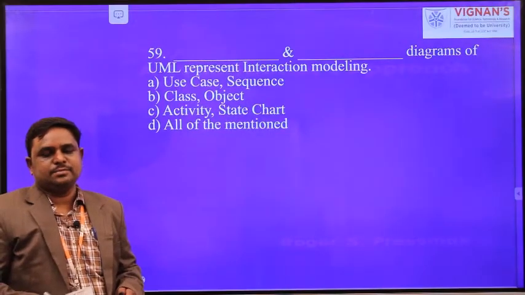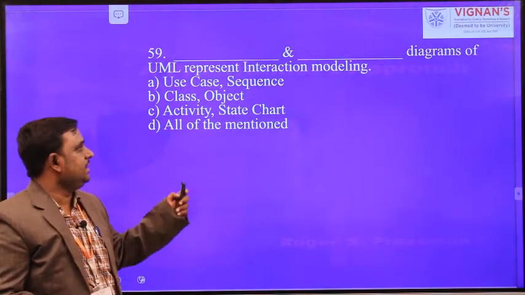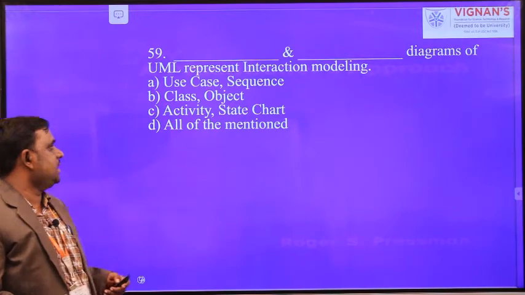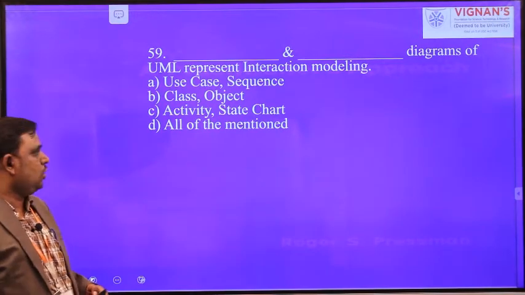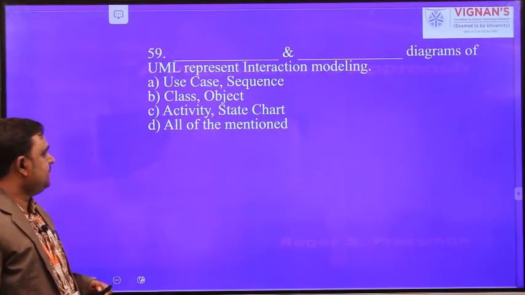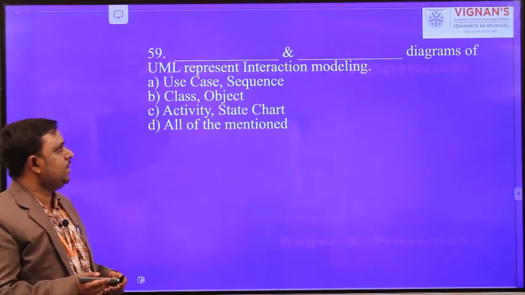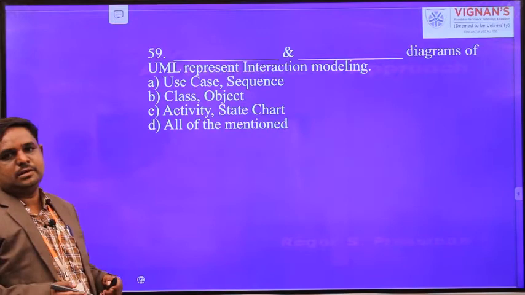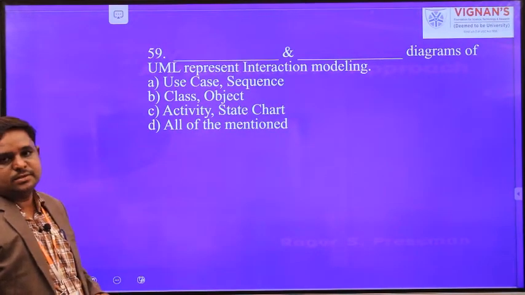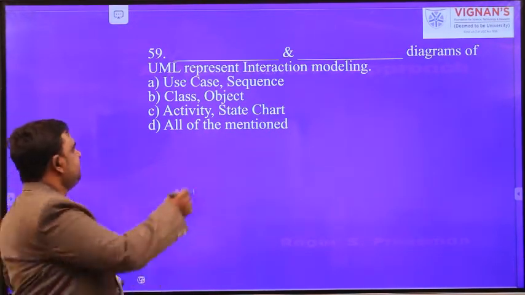Next, which diagrams of UML represent interaction modeling? The options are use case and sequence, class and object, activity and state chart, all are mentioned. So the answer is use case and sequence.